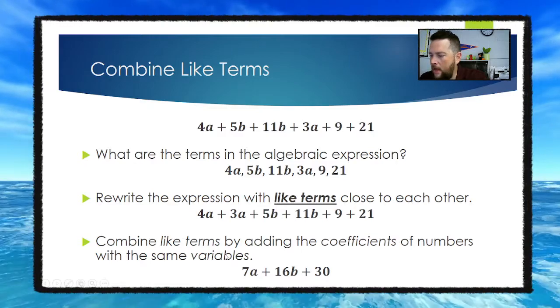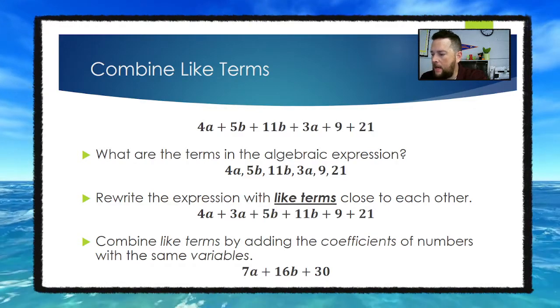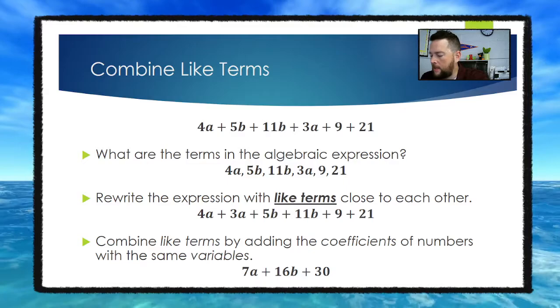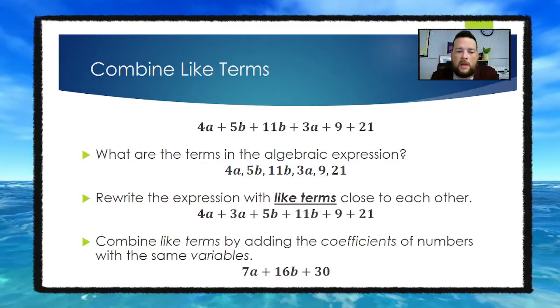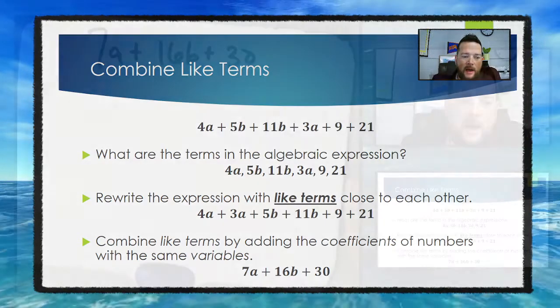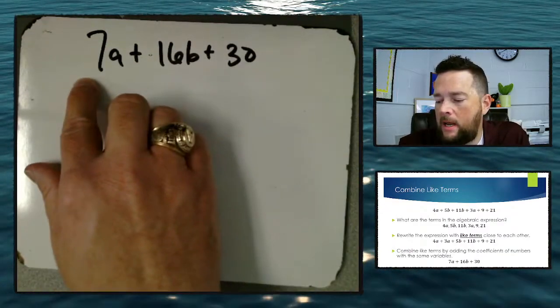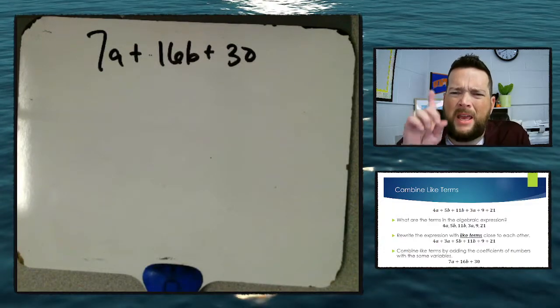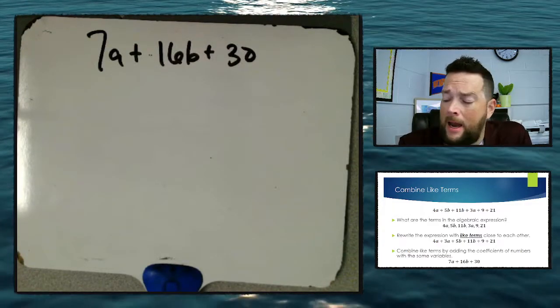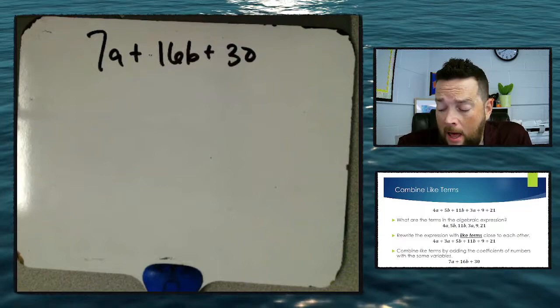Now I'm going to address a common mistake that I see with a lot of my students, when they're first starting out, and even sometimes when they've been working on this for a while, all right? When we get it to this point right here, our brain tells us, I want to get it down to just one number, all right? And so I see a lot of students will do this.